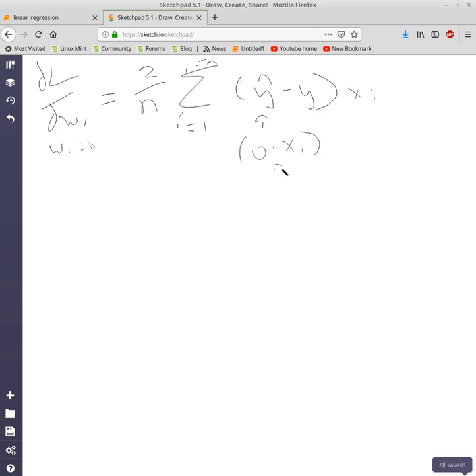So this will just go to 0. So we cross this out and just say this is 0, and this is x_i. So the derivative of the mean squared error, more generally, is dl/dw equals 2/n, sigma i equals 1 to n, (y hat minus y) times x_i, as we saw.